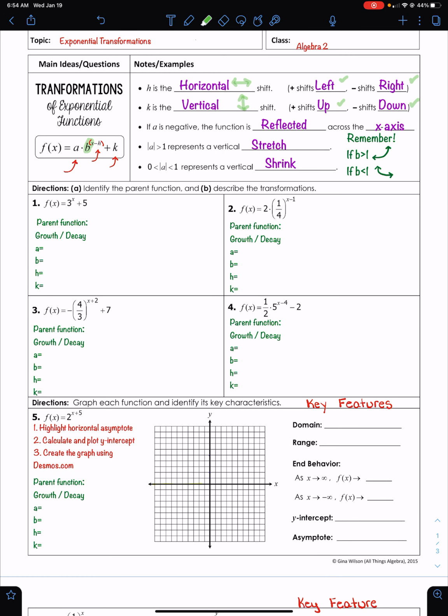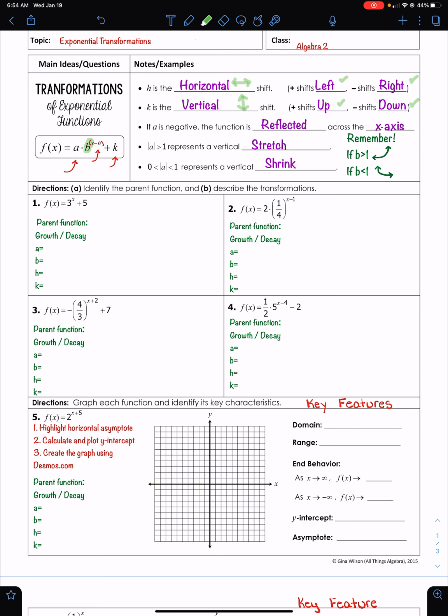If a is a negative value, then the function is going to be reflected across the x-axis. What that means is that instead of being above the x-axis, it is going to be below the x-axis.